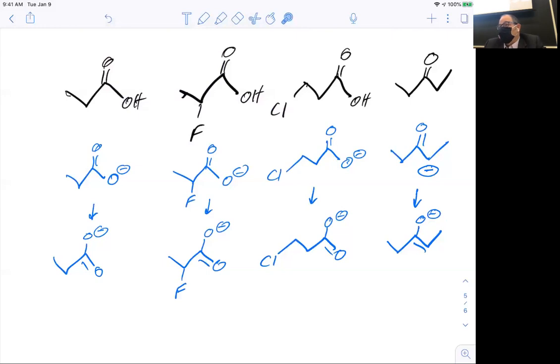So here what we have is not just a clear carbon negative to oxygen negative, but it's important to think about the fact that we actually have resonance between two oxygen negatives, right? And on this one, we have the resonance between a carbon negative and an oxygen negative, right? So therefore, in comparison of these, the carbon negative, oxygen negative pair is going to be less stable than an oxygen negative, oxygen negative.